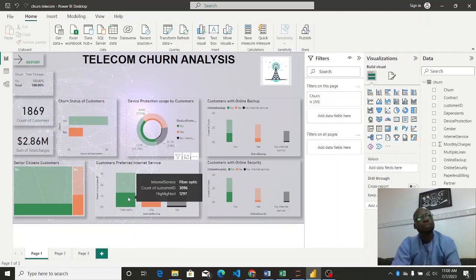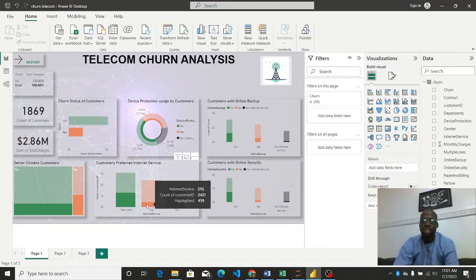And from my own personal research, because of course I'm allowed to do my personal research, I saw that fiber optic is the best means of accessing the internet because of its speed, download speeds and streaming speed. But it's a very expensive means of accessing the internet. It's more expensive than DSL, probably because DSL is fast, but not as fast as fiber optic.